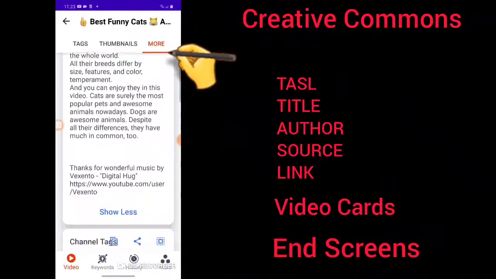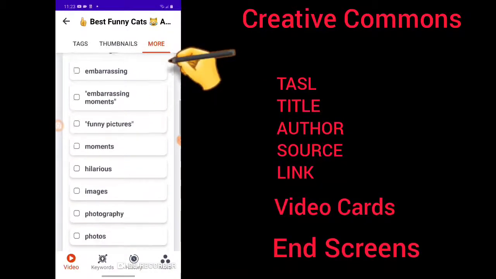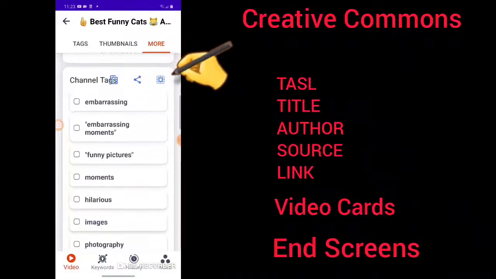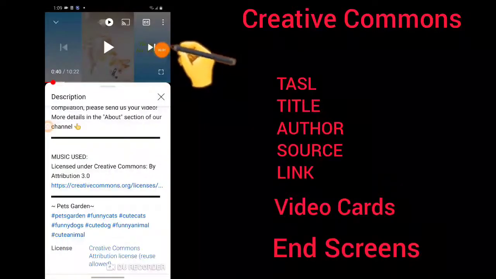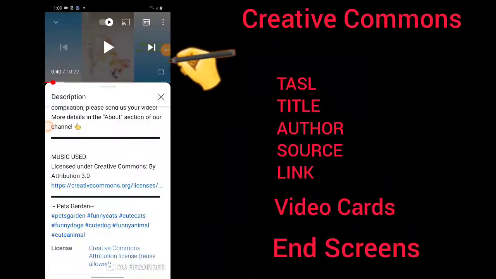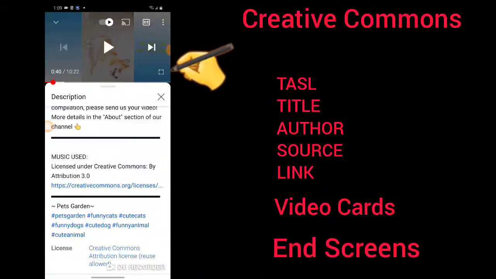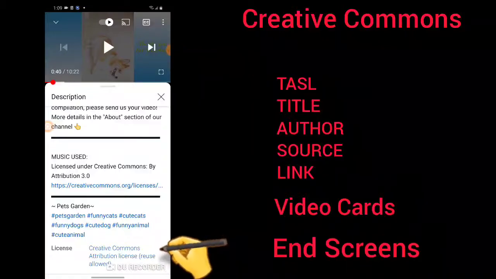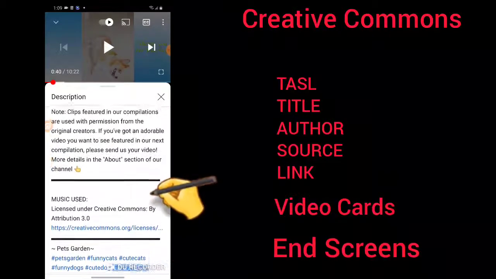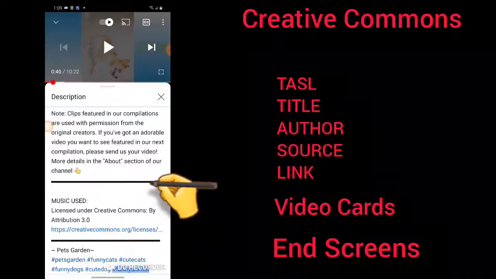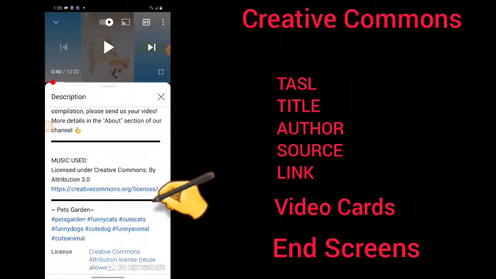If it doesn't, it's not Creative Commons. Here is an example of a Creative Commons video. First of all, you will see the license. It'll say Creative Commons Attribution License, Reuse Allowed. And this one has also used music, which is under the Creative Commons Attribution 3.0.